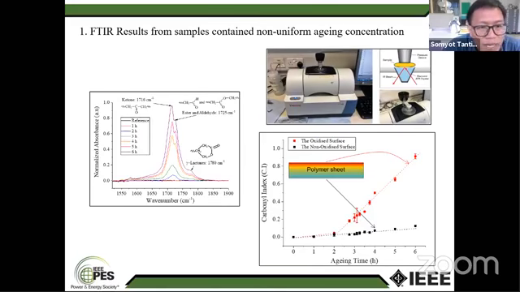This peak is called the carbonyl group, including the ketone, ester, and aldehyde groups, and the gamma lactones. So we could see in the right figures that the carbonyl index from one surface increased significantly and differently from the non-oxidized surface, starting from 2 hours. So here we suspected these samples should have non-uniform aging.